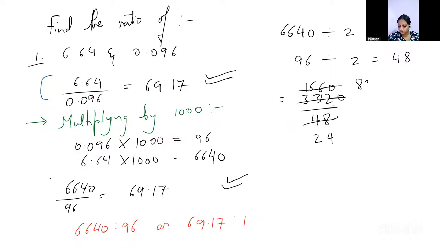Not cancelling anymore. 415 is to 6 is going to be your ratio.